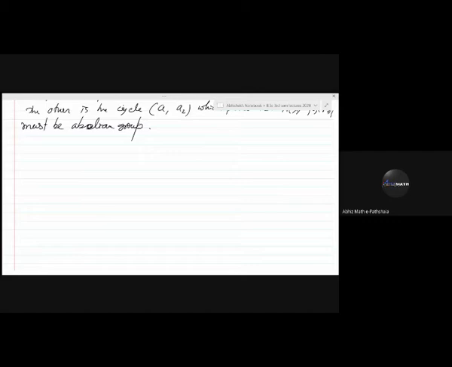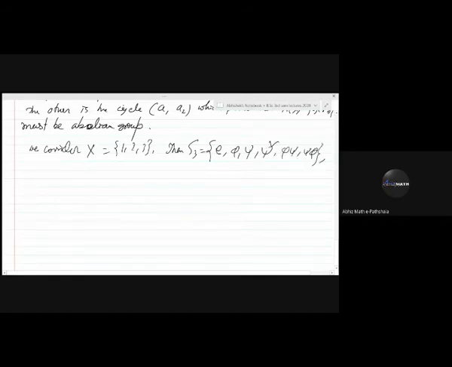Suppose we consider X equal to 1 to 3, and then S3 would be the set of all these elements: phi, psi, psi square, phi into psi and psi into phi, where phi is the (1 2) cycle, psi is the (1 2 3) cycle, and phi psi is not equal to psi phi.